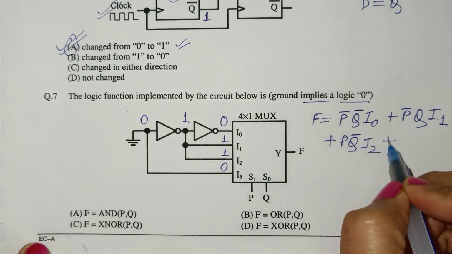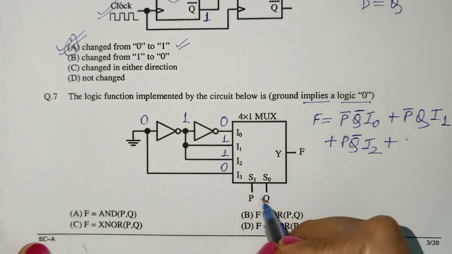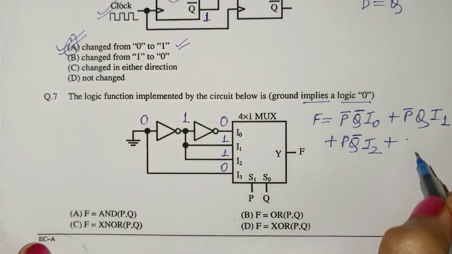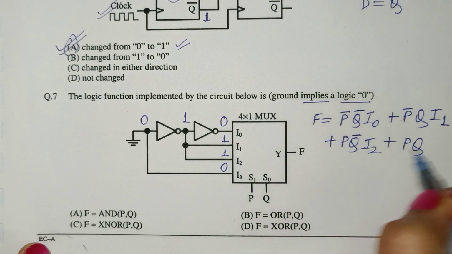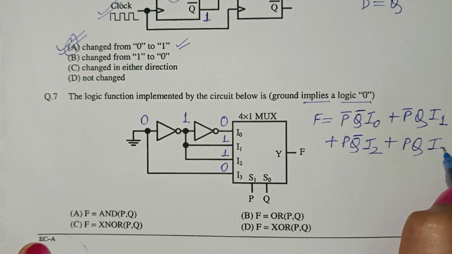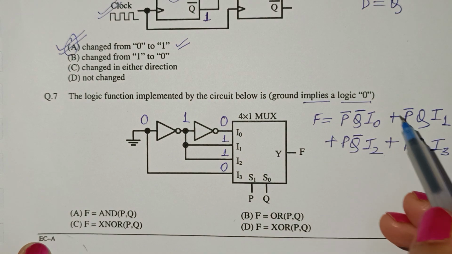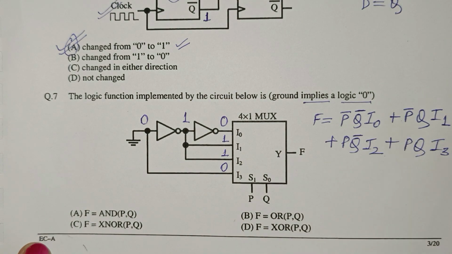The fourth term will be when PQ is 1 1, input I3 will be selected. Put the values of I0, I1, I2, I3.